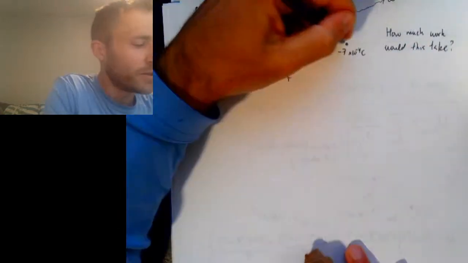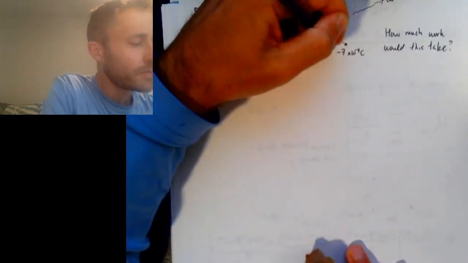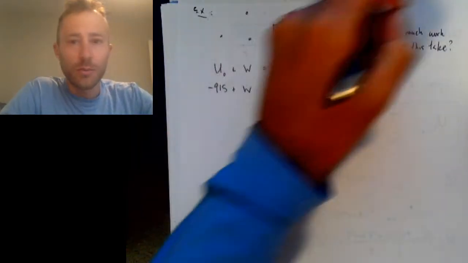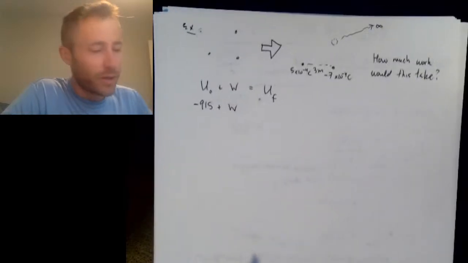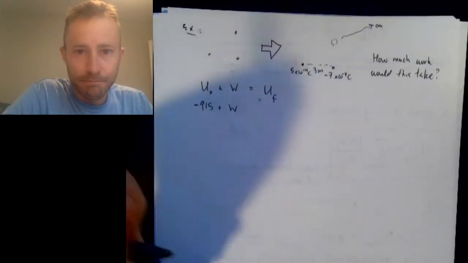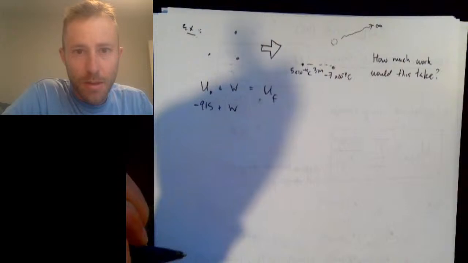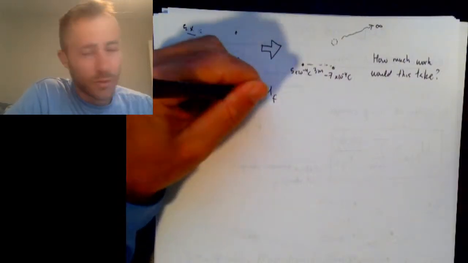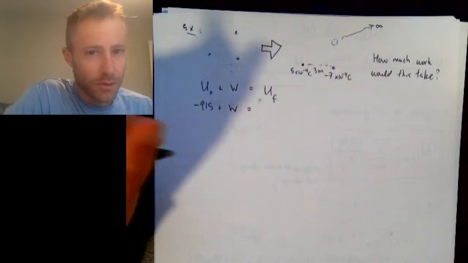And these were separated by 3 meters. So after we remove that charge, now there's only one pair, because the system only has 2 charges. So it's really easy to calculate the final electrical potential energy.